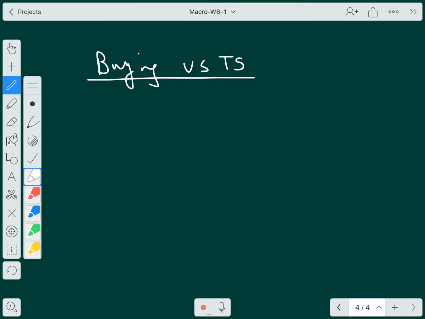Okay, so if the Fed is going to buy, then the Fed is going to pay money. To whom? To the banks and financial institutions. Of course, these are not any banks, not any financial institutions, but these are called primary dealers, and they are actually registered with the Fed. Okay, and you can actually look for these primary dealers online.